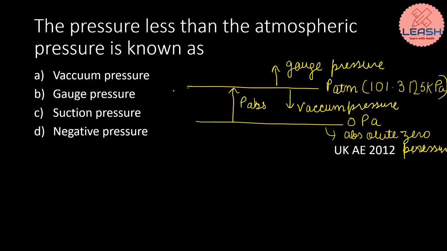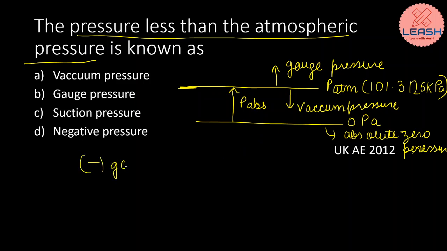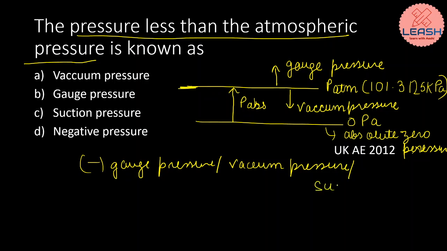So if atmosphere is the reference point, here the question is pressure less than the atmospheric pressure. Considering atmosphere as the reference point, if the pressure is less than this, we will call it vacuum pressure, negative gauge pressure or suction pressure. These are the different names for pressure less than P atmospheric.